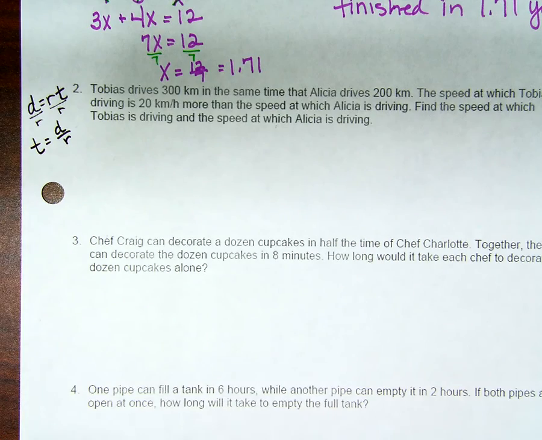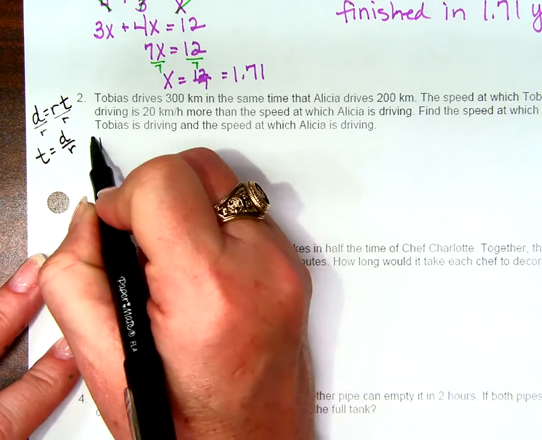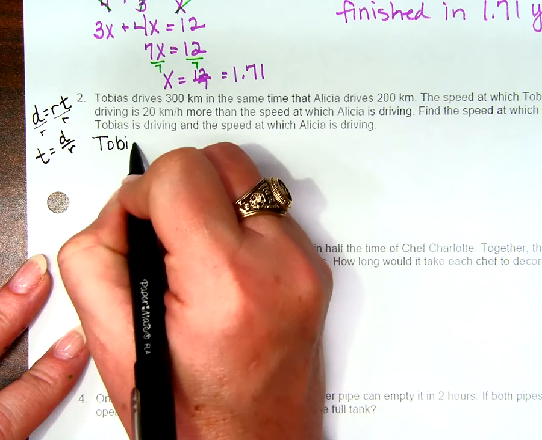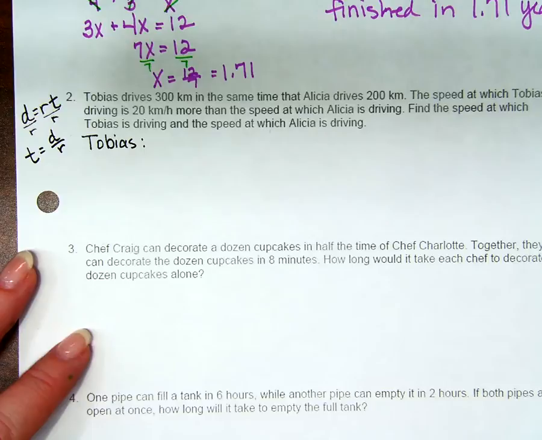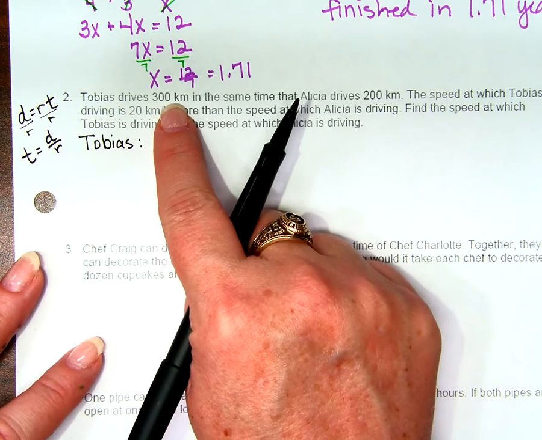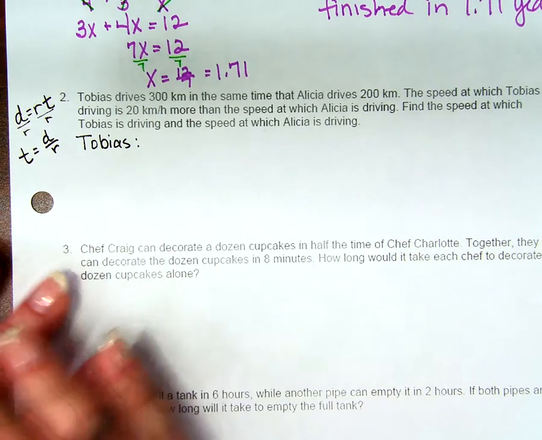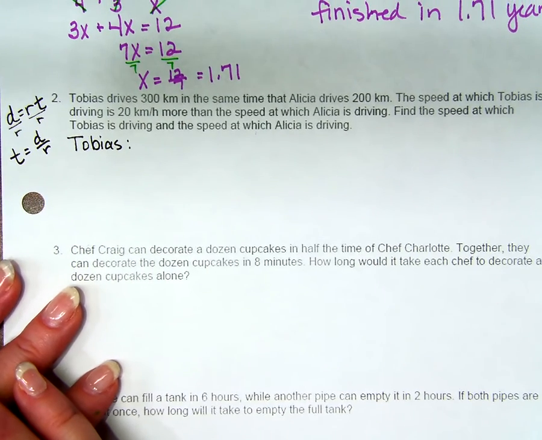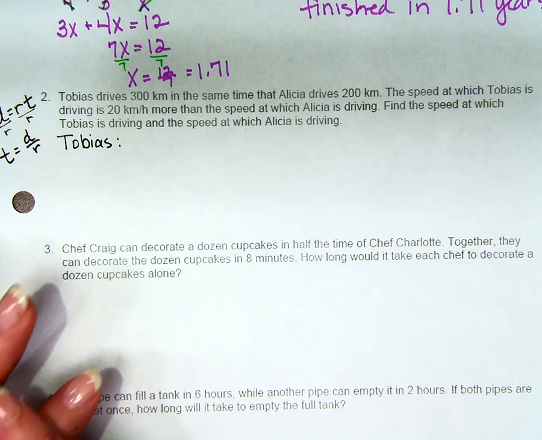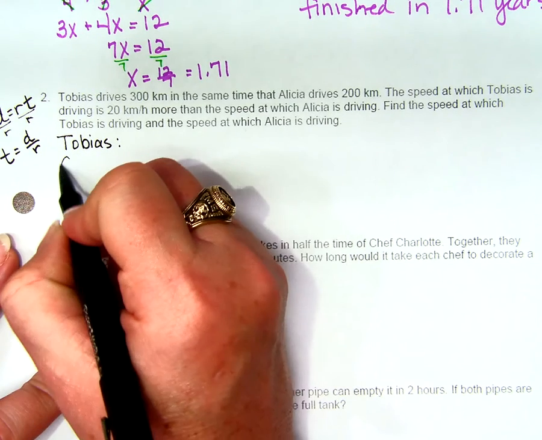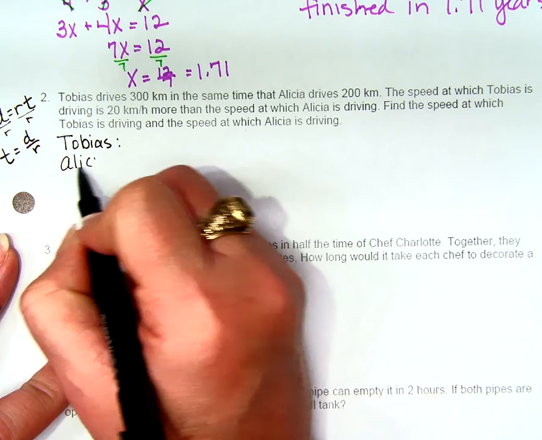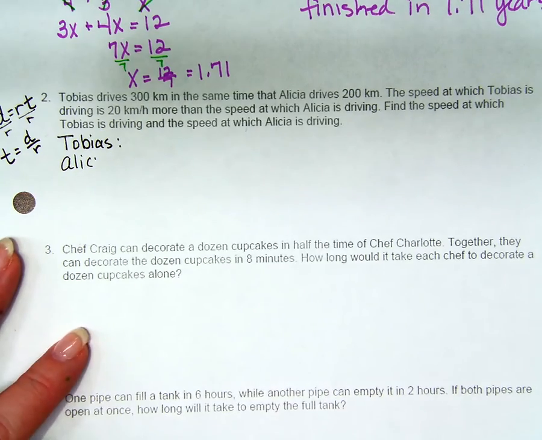Okay, so let's talk about Tobias first real quick. How fast is Tobias driving? Well, he drove 300 kilometers. That's his distance, right? But how fast is he driving? What's his speed or his rate? So 20 kilometers per hour more than Alicia, right? So then what are you calling x?